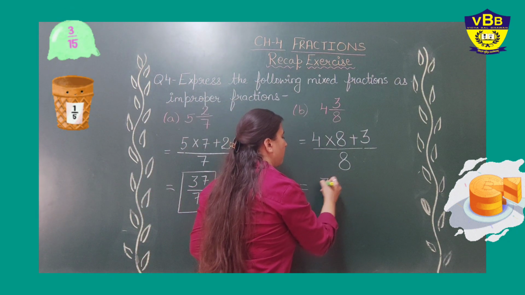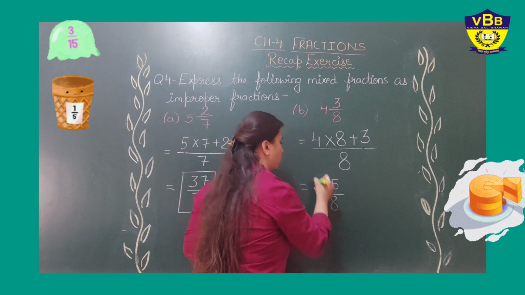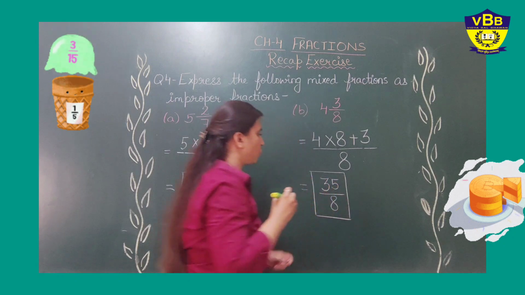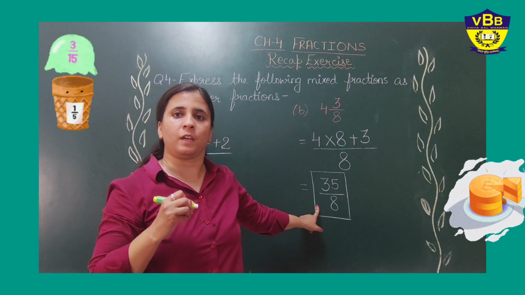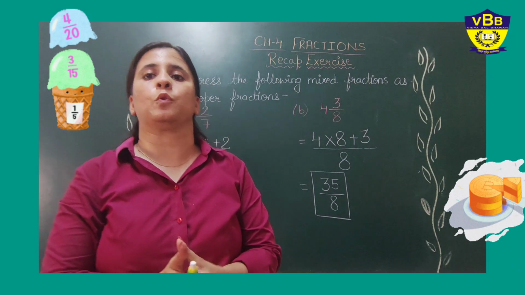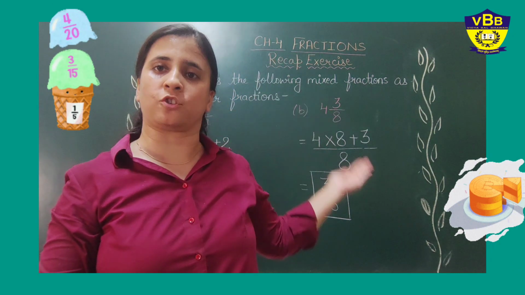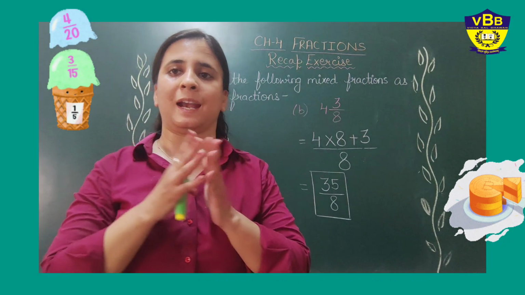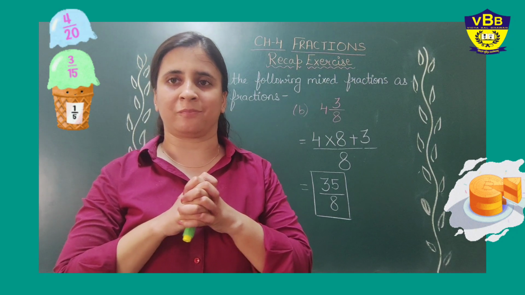So it will become 35 upon 8. Here again we got an improper fraction where the numerator is greater than the denominator. I hope you understood how to convert a mixed fraction into an improper fraction. We have done A and B parts. C part everyone can try by yourself.